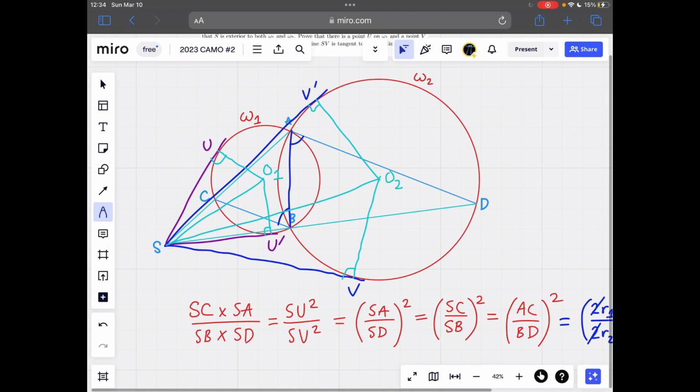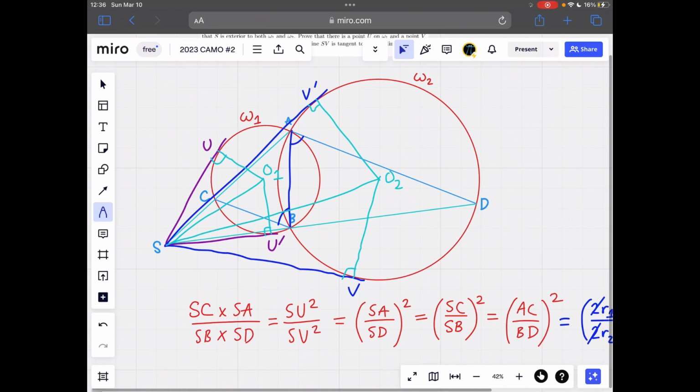So these kites are spirally similar to each other, we can conclude. And therefore, by the spiral similarity of the kites, we have that angle USU prime equals VSV prime, which is our original conjecture. We have proven that SU prime and SV prime are isogonal with respect to angle USV.